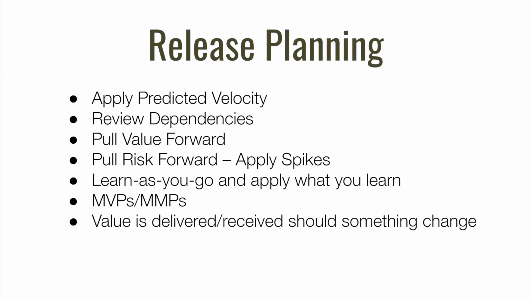We are eliminating waste by thinking this way and pulling risk forward, because we'll make fewer missteps. At that first section, when you're developing only a car to get to a car, you're not going to find out what you didn't get right until that car starts going off the lot after the fourth stage, which is way down the road. That is injecting a lot of risk into your project, and you want to pull that out. So you want to learn as you go and apply what you learn.